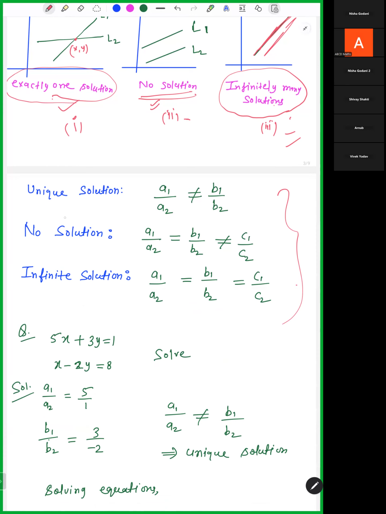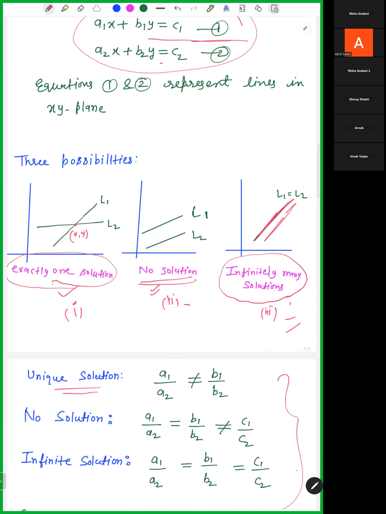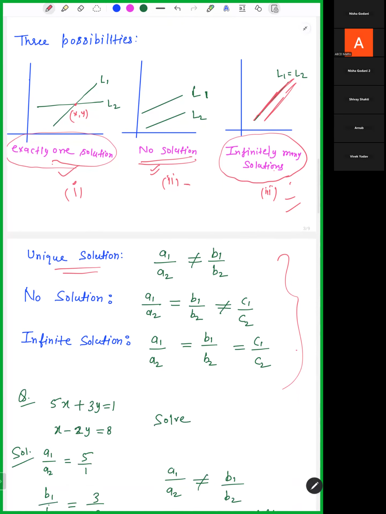So first, for a unique solution, you have equations a1x plus b1y equal to c1, and another is a2x plus b2y equal to c2. If the ratio a1 upon a2 is not equal to b1 upon b2, then we say that there is a unique solution.